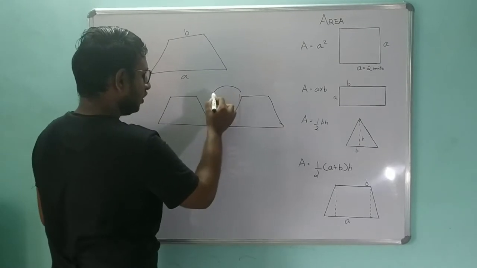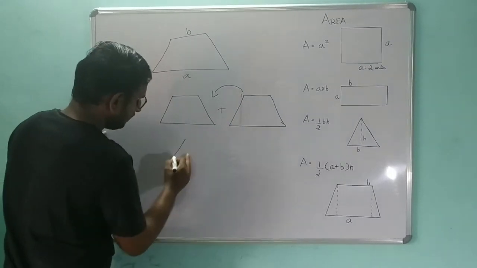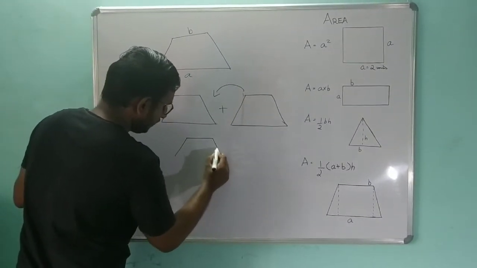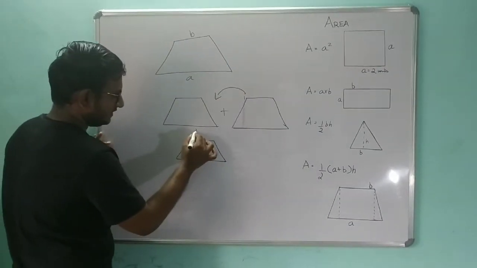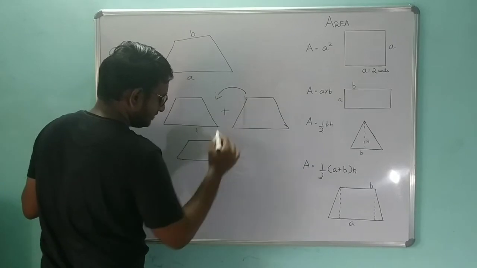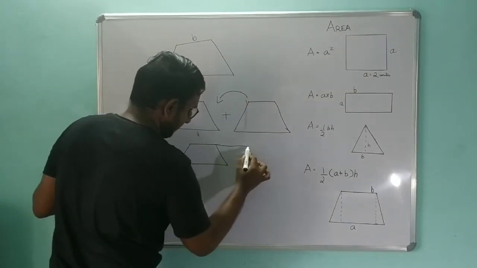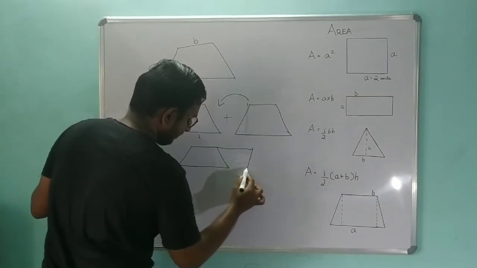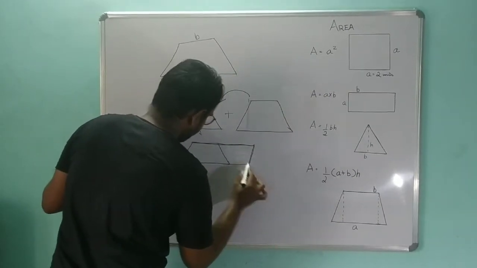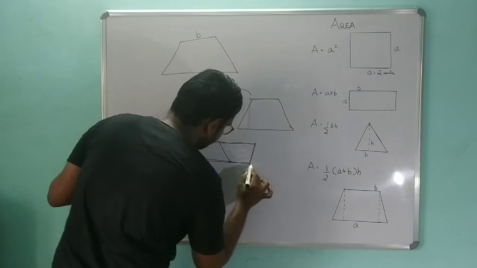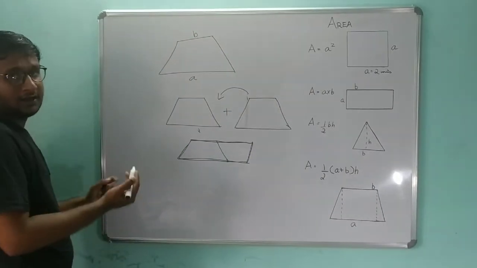So I am going to join like this. Now I will get like this. This trapezium comes like this, and this one is inverted, and it will come like this. Now we got a parallelogram.